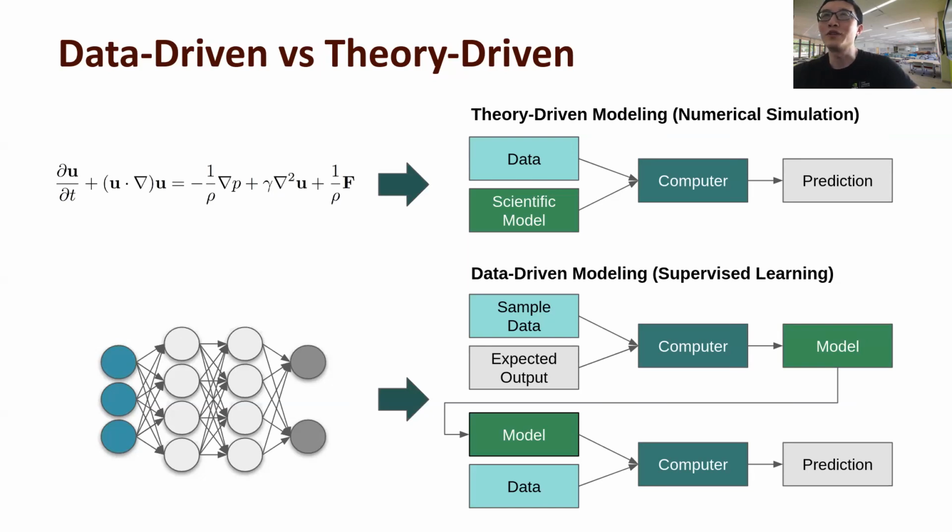That's the traditional scientific computing methodology, what we call theory-driven modeling, either numerical simulation or numerical modeling, whichever you call it. But we do have a governing equation there. For almost all the papers in scientific computing, you start with the governing equations, and then you talk about your methodology, how you discretize your equations, what numerical algorithm you are developing, etc. So that's the traditional way of doing scientific computing.